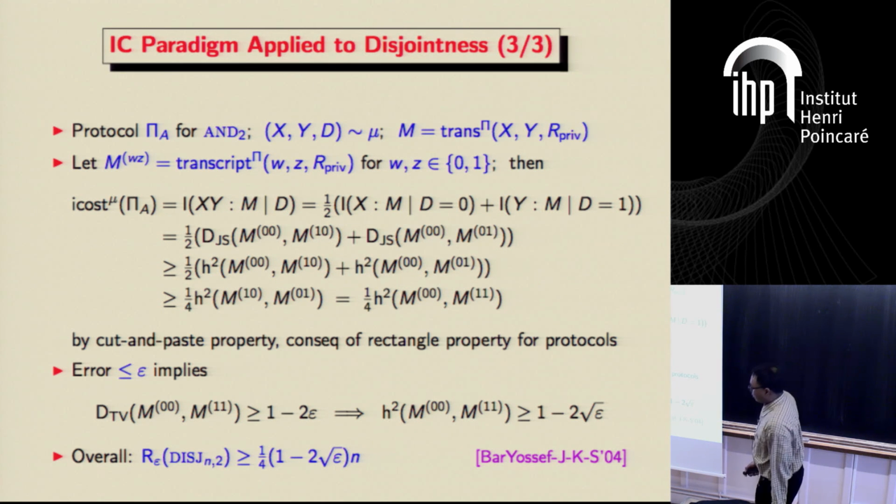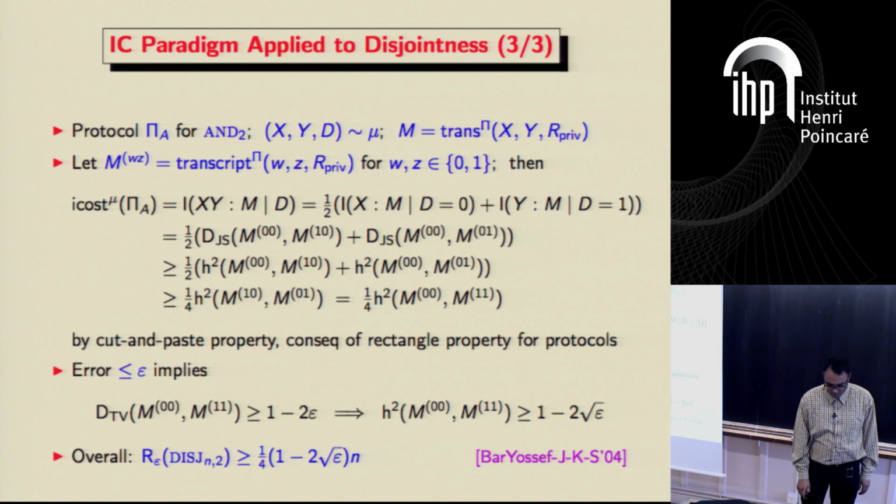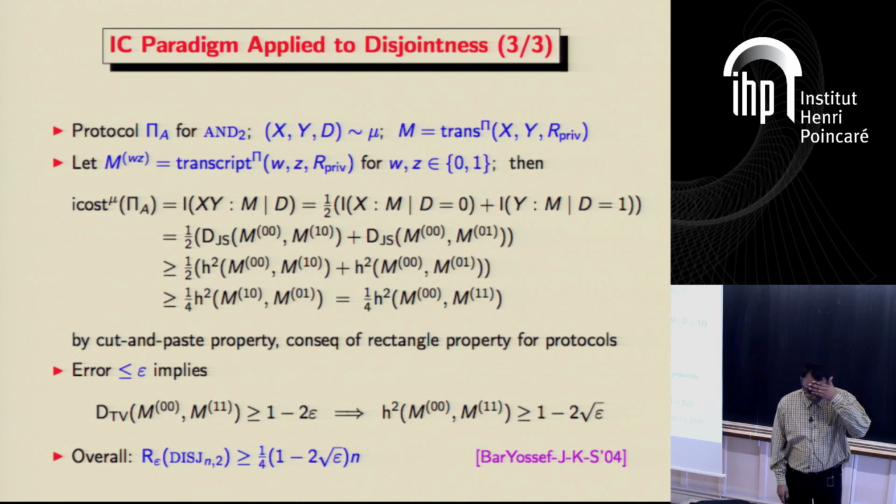So overall, we've concluded that the disjointness function with error epsilon has at least this much complexity with this very specific constant in there. By the way, that is not the best possible constant, but that's the constant that you get out of this argument.